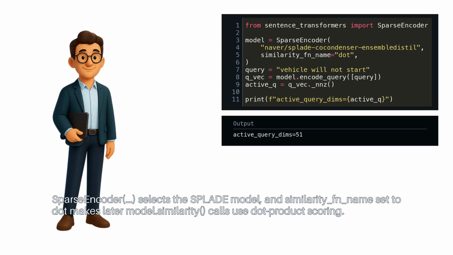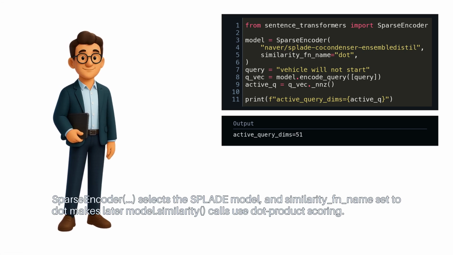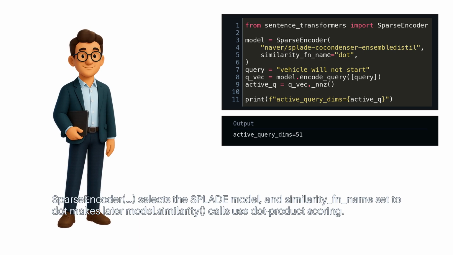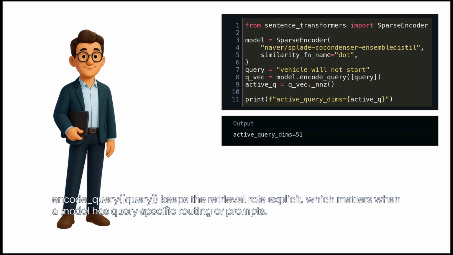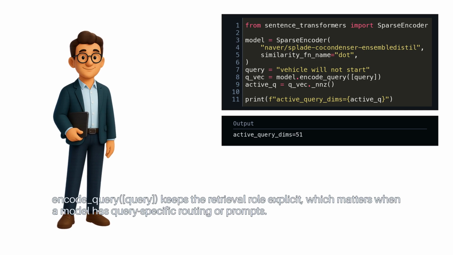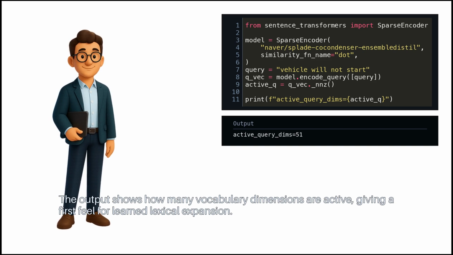SparseEncoder selects the SPLADE model, and similarity_fn_name set to dot makes later model.similarity calls use dot product scoring. encode_query keeps the retrieval role explicit, which matters when a model has query-specific routing or prompts. The output shows how many vocabulary dimensions are active, giving a first feel for learned lexical expansion.